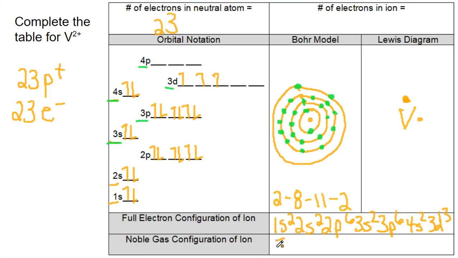So we're going to go ahead and put argon in brackets. And then after argon's configuration, which goes up to the 3p6, what's left after that is 4s2, 3d3. All right, so this is the table for the neutral atom vanadium. Let's modify now for the ion.